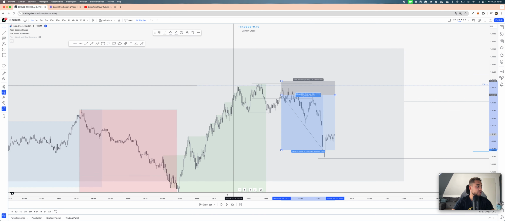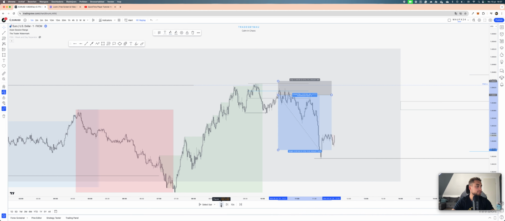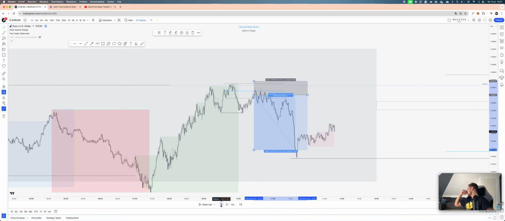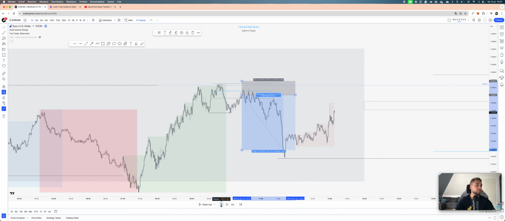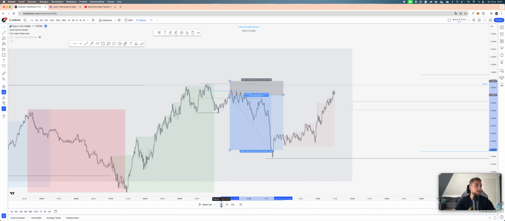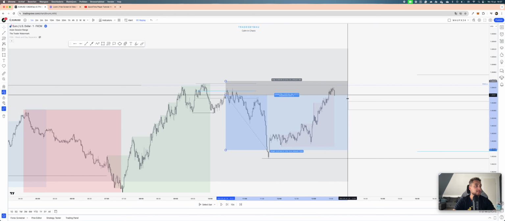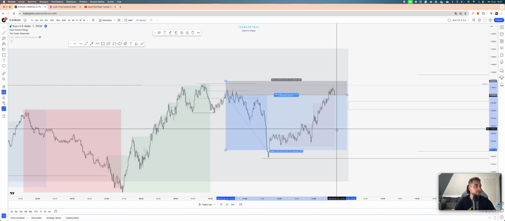And then if we just let it play out, price comes back, so we're already at break even or even in profit. It takes out the remaining 20% of our trade. And that's it.